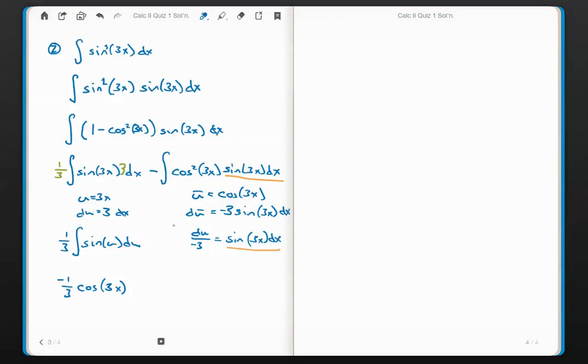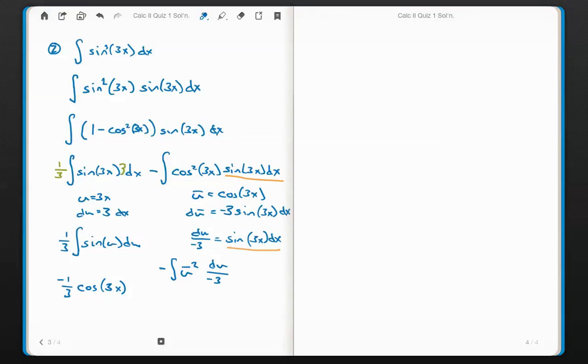So this integral becomes, I've got a negative there. Well, let's write it out. Minus the integral of u bar squared, and then a du bar over negative 3.